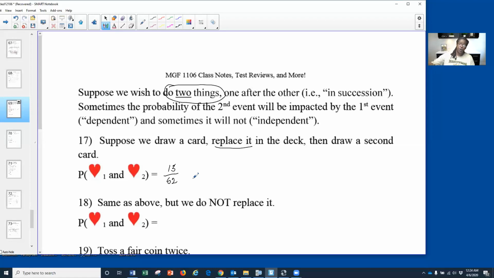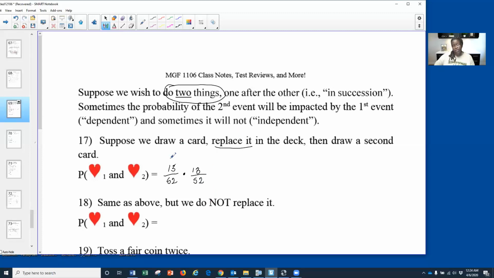I'm going to shuffle and pull again. So I still have the 13 hearts in there out of the 52. So when I pull the second card, we'll multiply, I still have a chance of pulling from 13 of those hearts out of a 52 card deck. You see that? Because I replaced it back in.